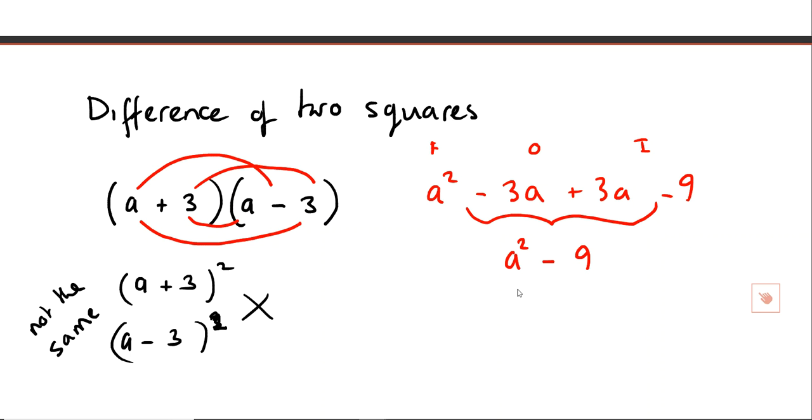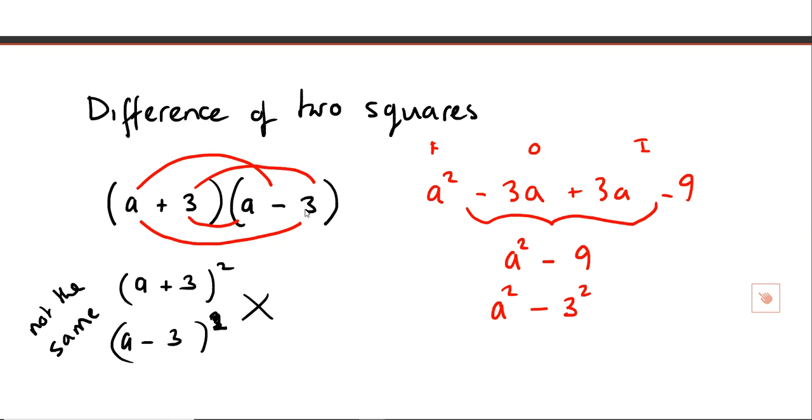Yeah, because it's multiplied by itself. Whatever it is, if you square something, you get a square number. And then I find the difference between that and what squared? 3 squared. 9 is 3 squared, I got it by doing 3 times 3. So I've got a squared minus 3 squared.